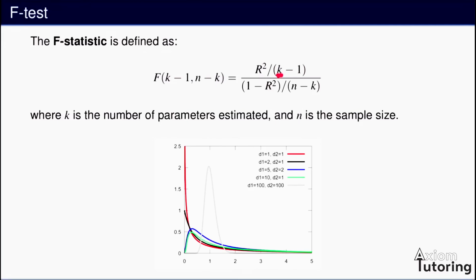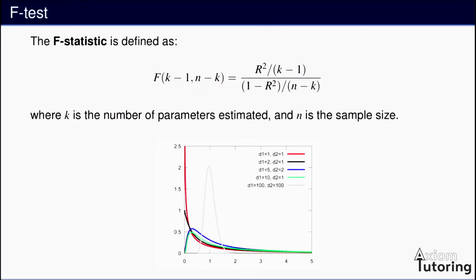So K is going to be equal to 3. And then we divide by 1 minus R squared divided by N minus K, where N is the sample size. Right? So here there are two types of degrees of freedom that we need to compute to know the F distribution, and that will be the K minus 1, and it will be the N minus K.